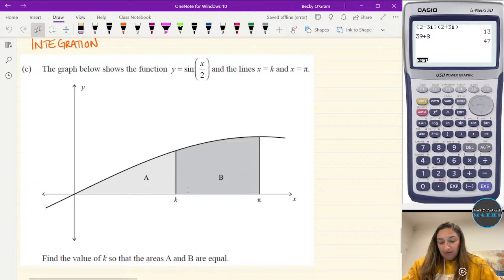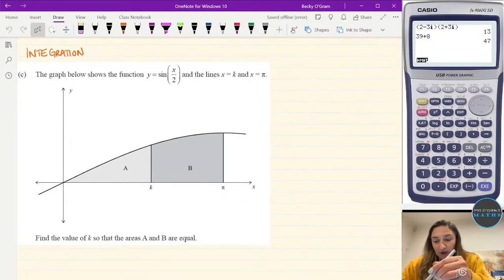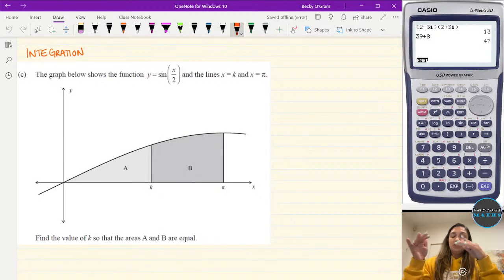We want to find the value of k so that the areas A and B are equal. So k has to be placed somewhere that it splits up that area into 2 equal pieces, which means that we are going to integrate those 2 halves to find the area underneath, set it equal to each other.